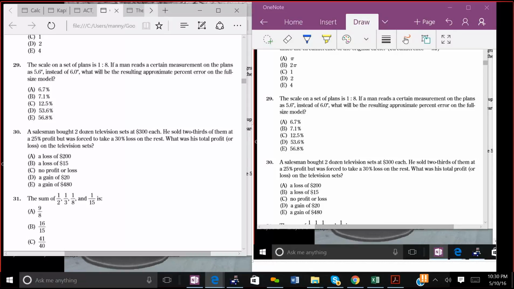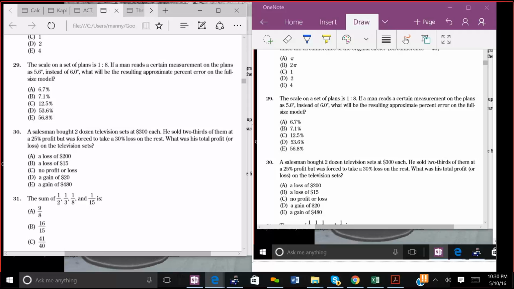So 375 times 16 equals 6,000. So he made a profit of 6,000 off of those 16 that he sold. But then the remaining 1/3, the remaining 8, he sold at a 30% loss.